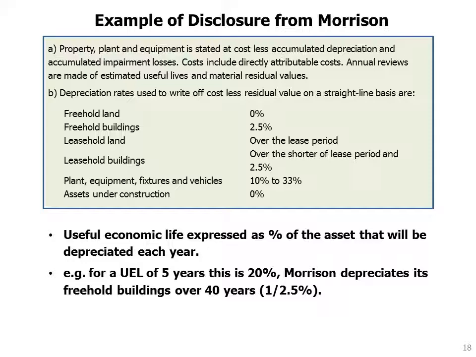Morrison depreciates its freehold buildings at a rate of 2.5%, and this is equivalent to a useful economic life of 40 years. Leasehold land over the lease period itself, leasehold buildings over the shorter of lease period and 40 years. Plant, equipment, fixtures and vehicles, 10% to 33%, so 3 years to 10 years. And assets under construction are not depreciated.